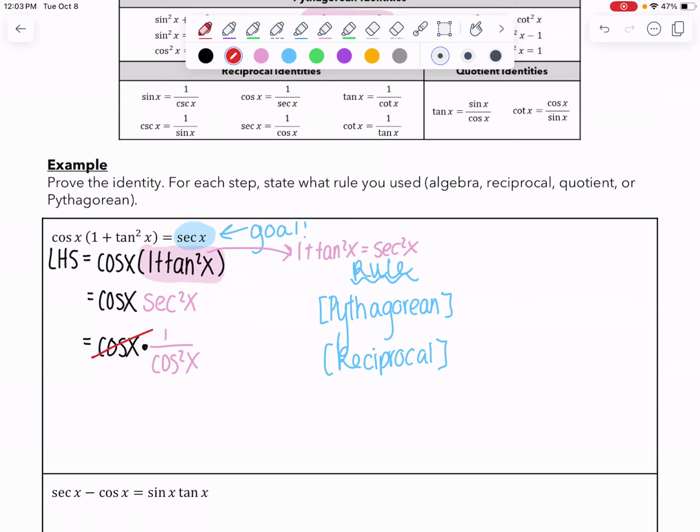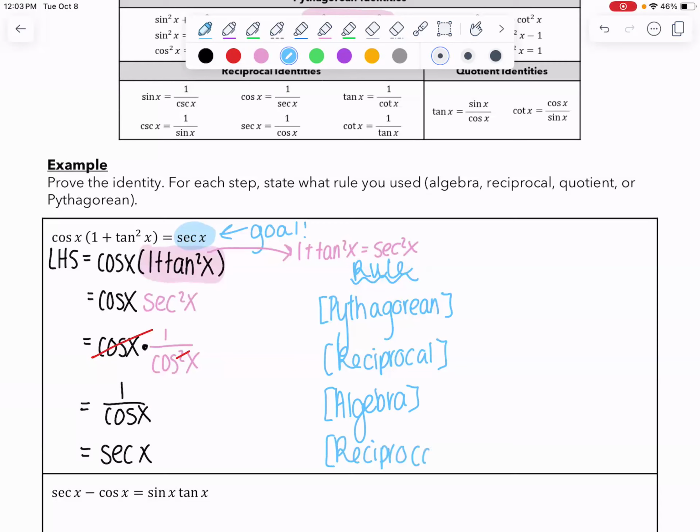From here, one of the cosines cancels. So I have 1 over cosine x left over. I did algebra to simplify there. That was algebra to simplify. And then 1 over cosine is the same thing as secant x. And that is a reciprocal identity.